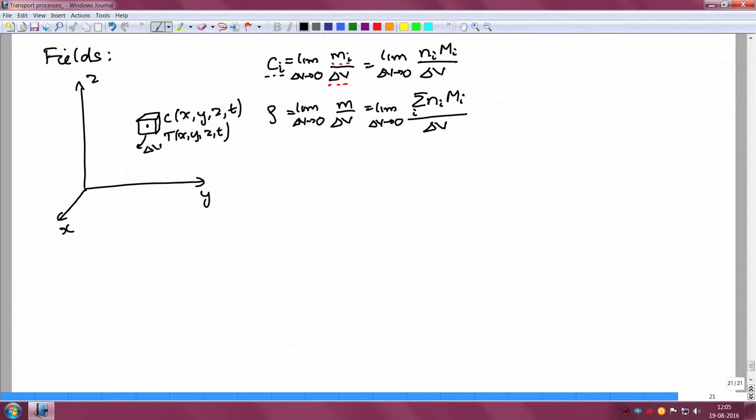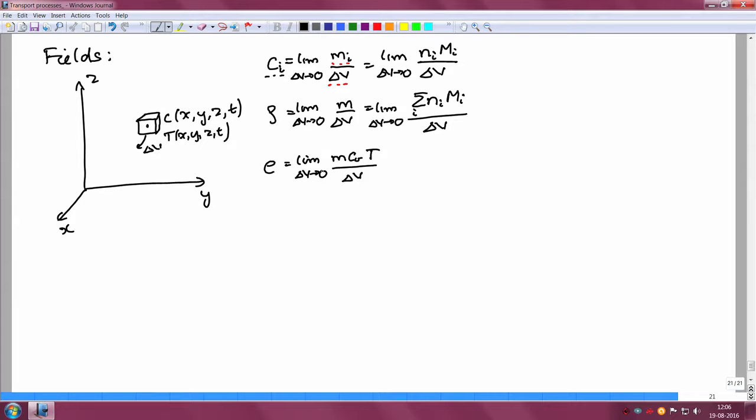The energy density at a location is going to be equal to the total energy due to all of the molecules, N C, divided by the delta V, limit as delta V goes to 0.